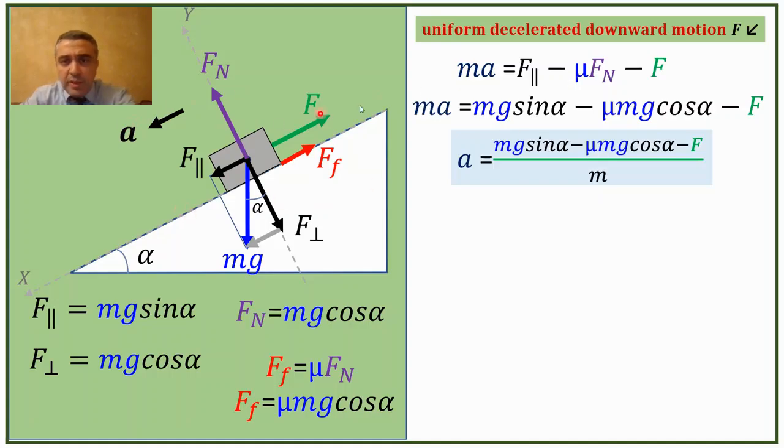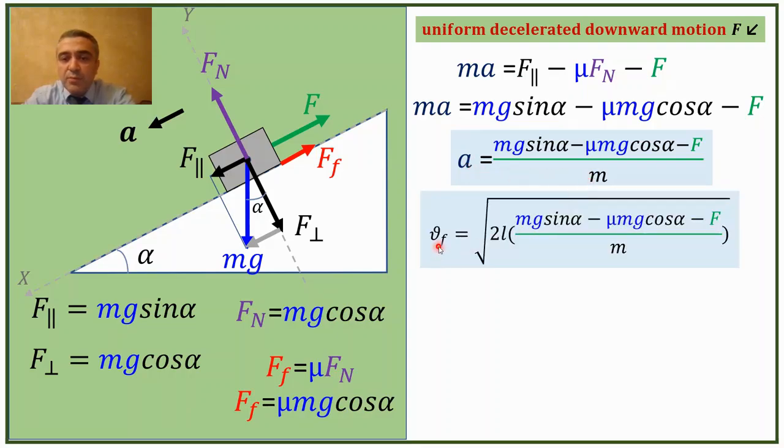So here we can write Newton's second law like this: ma equals force parallel minus, you see that minus, because in this case the green color force becomes a minus like a friction force. So force parallel minus the friction force, mu Fn, and minus this green color force. And if we put the equation for each force in this situation, we can find the acceleration like this.